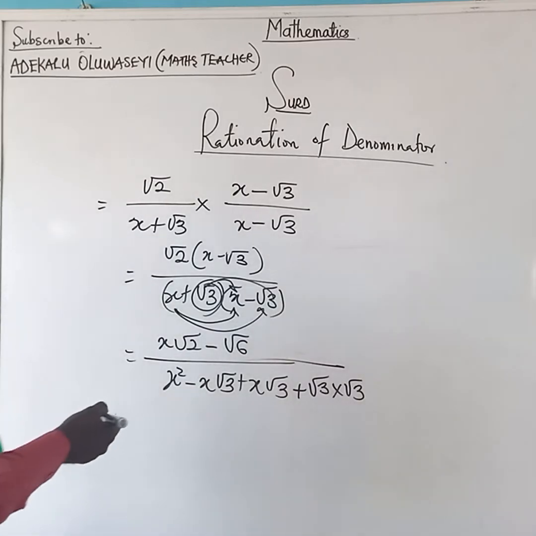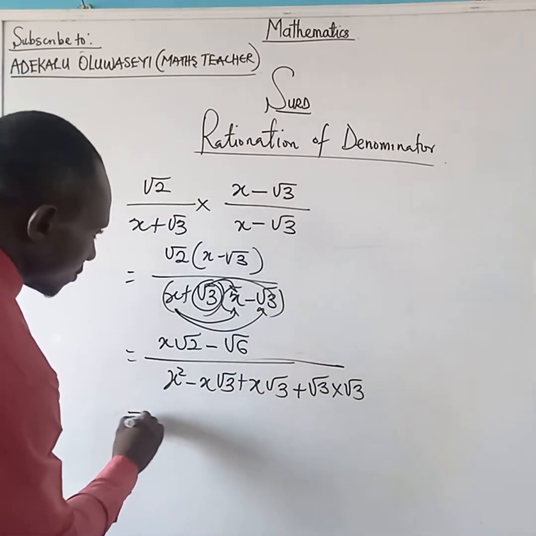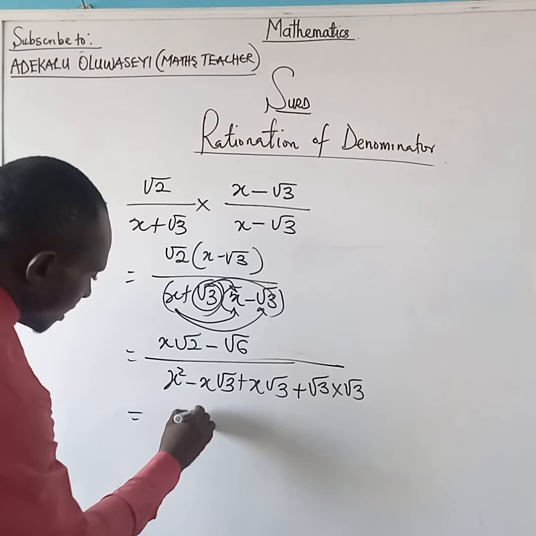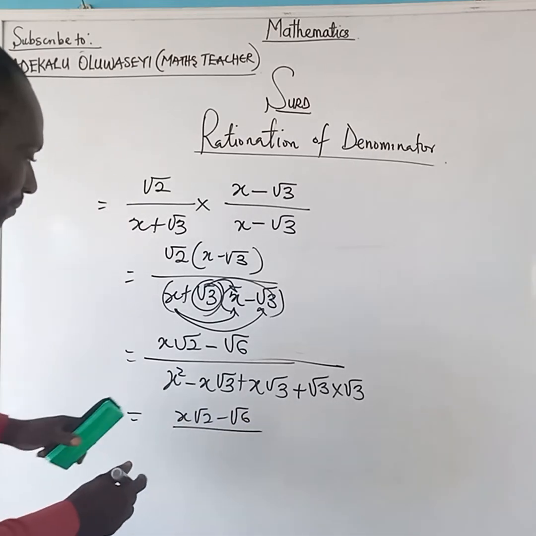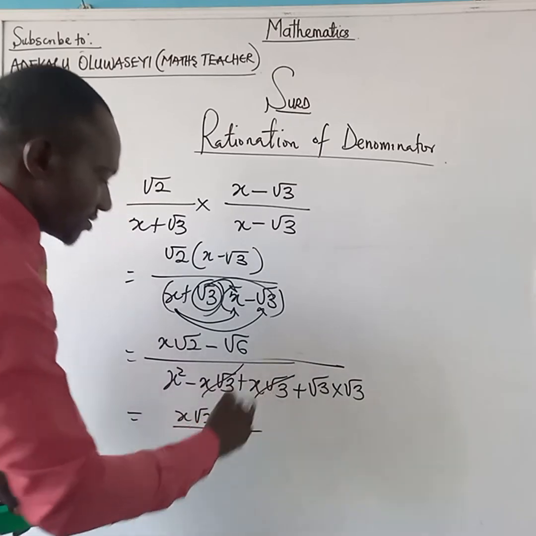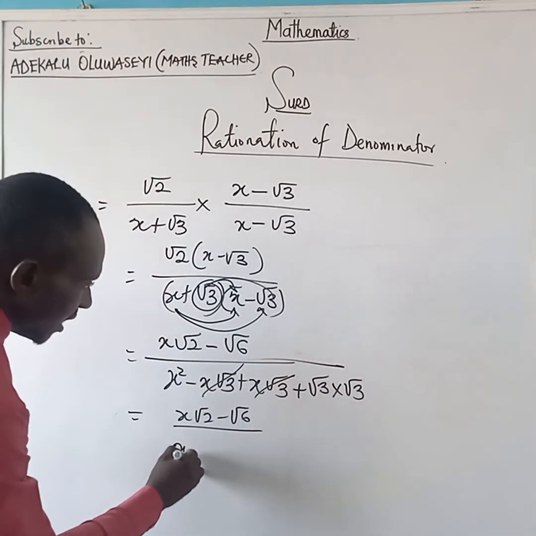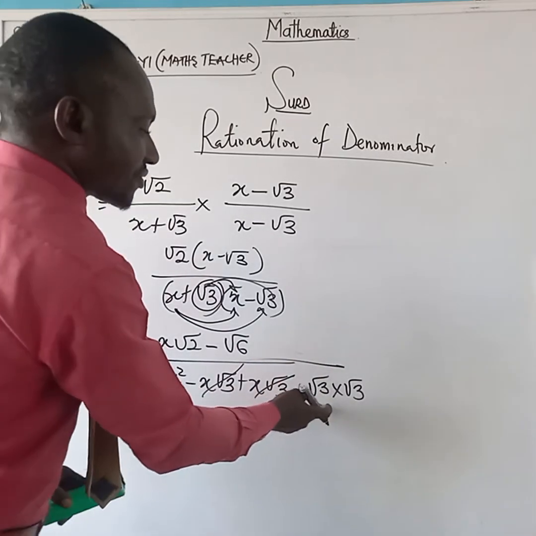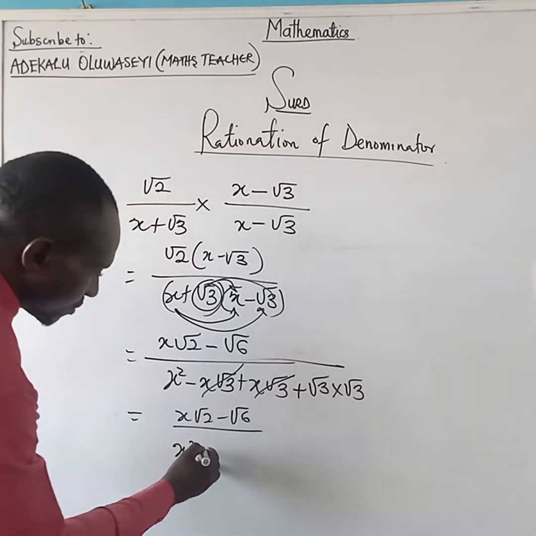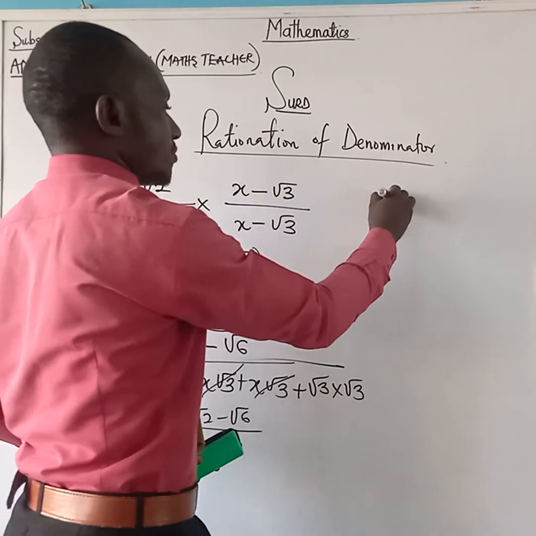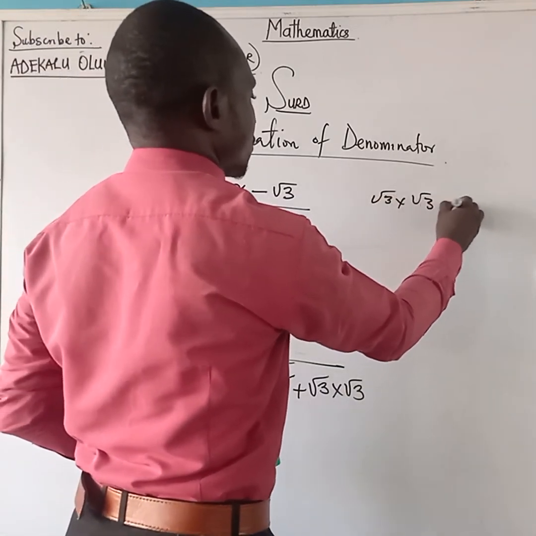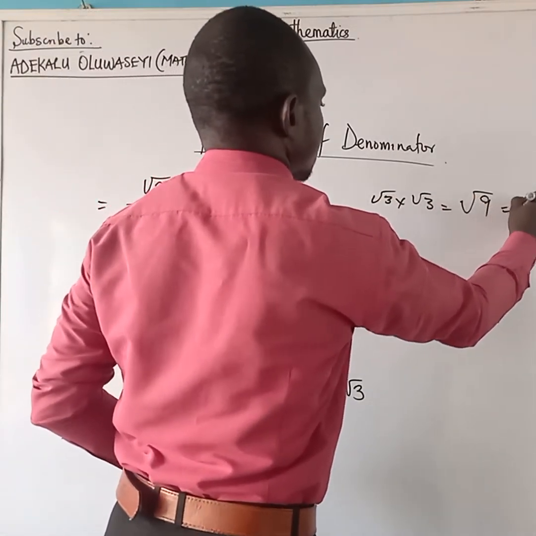So we proceed by simplifying the denominator. We have x root 2 minus root 6 divided by, this takes care of themselves. Then we have x squared. Root 3 times root 3 will give us plus 3. Reason, if you multiply root 3 times root 3, it will give us root 9, and that is equal to 3.